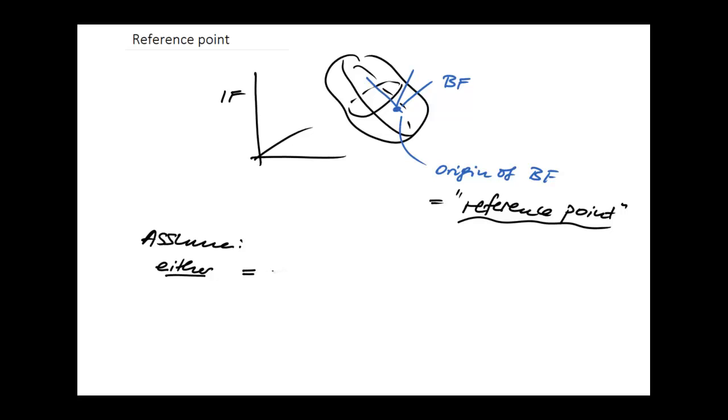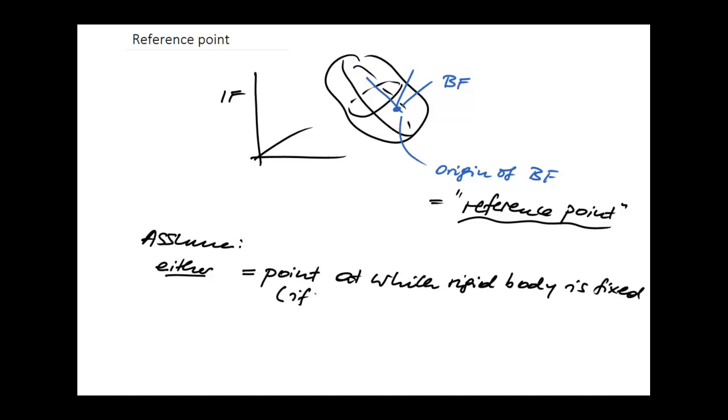So either the reference point is equal to the point at which the rigid body is fixed, if we are talking about a top, or else, if we don't have a top, but we have a rigid body freely floating around in space, then we choose the reference point always to be the center of mass of the rigid body. So this is an important assumption about the origin of the body fixed frame.